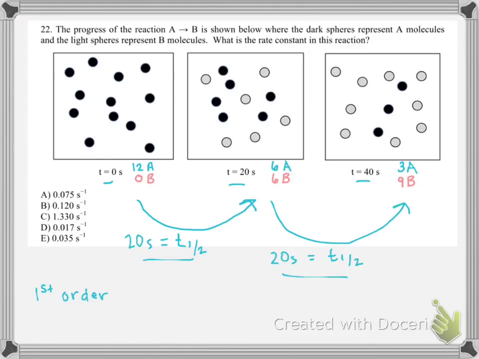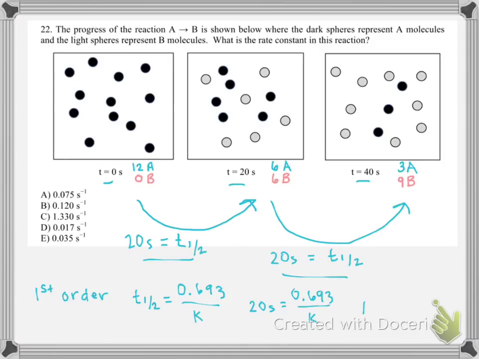And so we have our first order half-life expression. So t1/2 is equal to 0.693 divided by k. And so we'll have 20 seconds is equal to 0.693 over k.